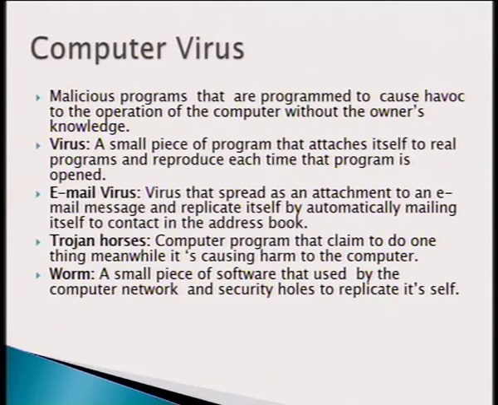Every time you open that genuine program, the virus replicates. The virus becomes bigger and bigger, and eventually it can disrupt the whole operation of your computer to a point where your computer crashes, or becomes non-responsive to anything that you do.